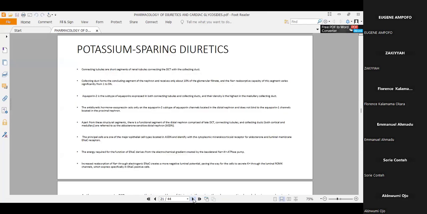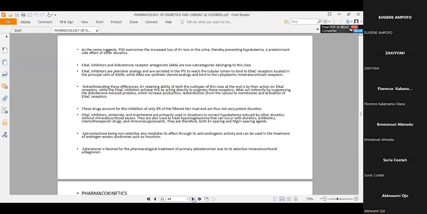So for the potassium-sparing diuretics, they act on the collecting tubules. They act on the epithelial sodium channels.